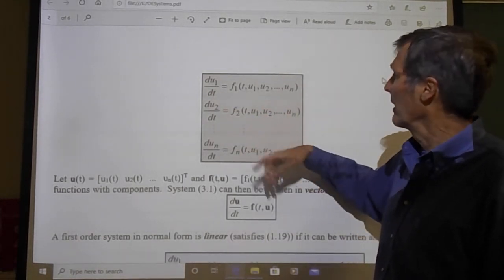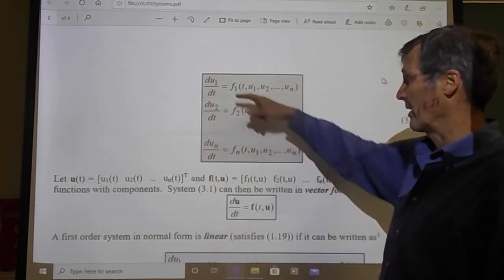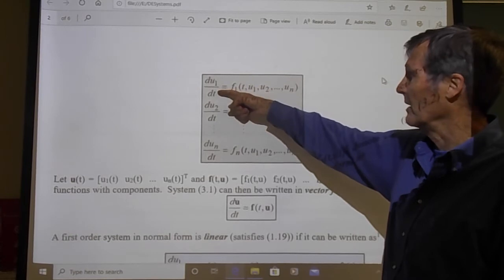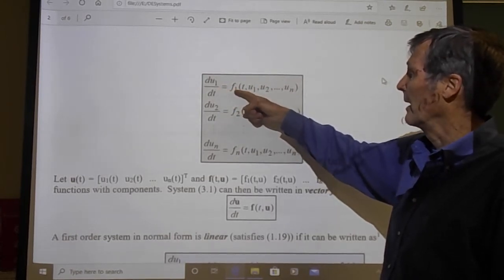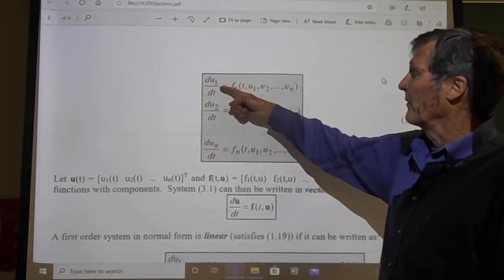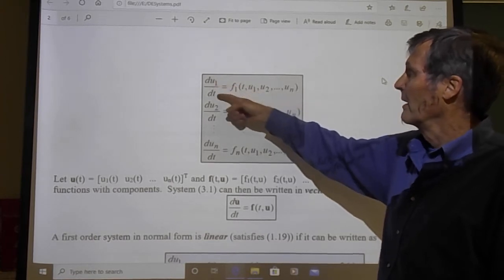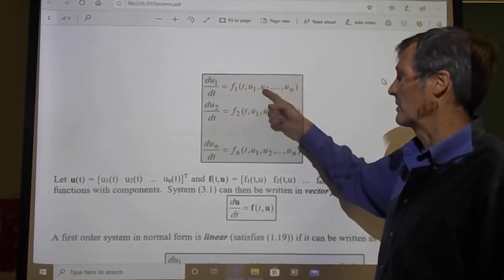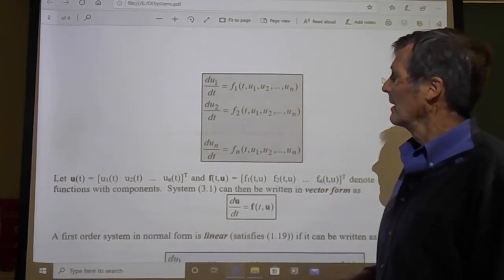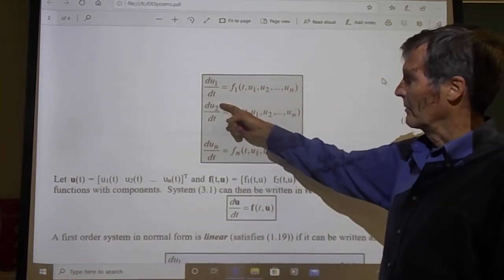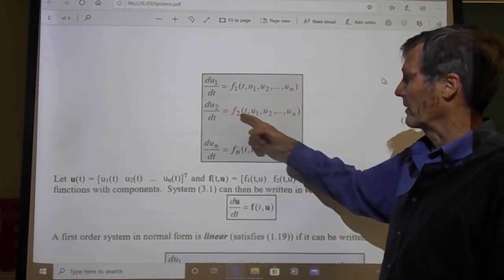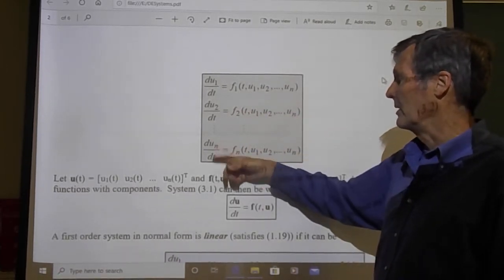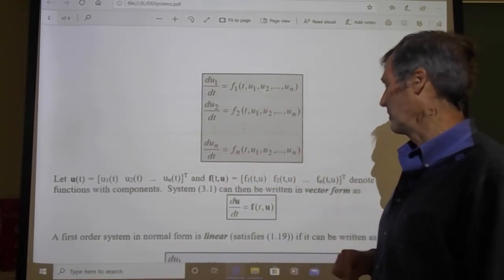If you have n dependent variables instead of one, you can write du1/dt, where u1 is a function of t. And there's an equation relating that derivative to u1 through un, all functions of t, and t. Similarly, the derivative of u2 with respect to t is a function of t and u1 through un, and dun/dt is a function of t and u1 through un.